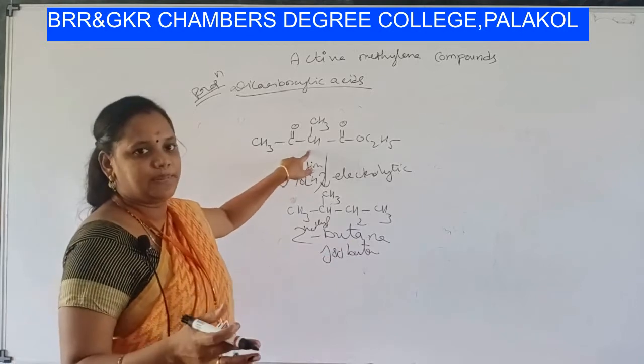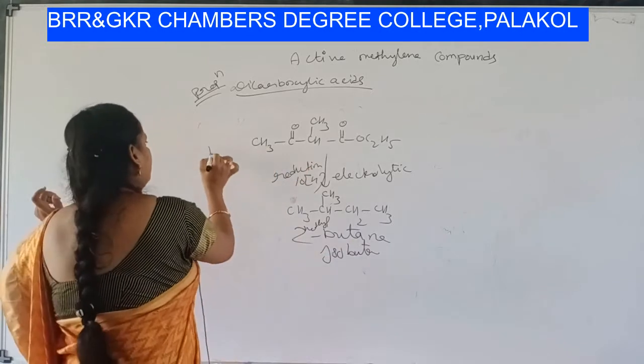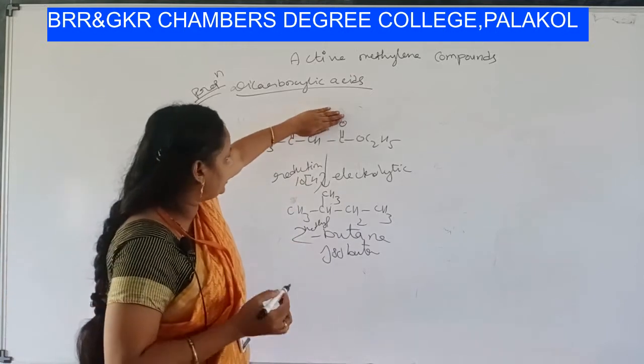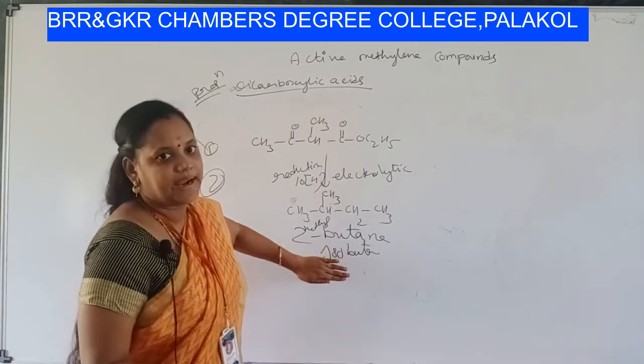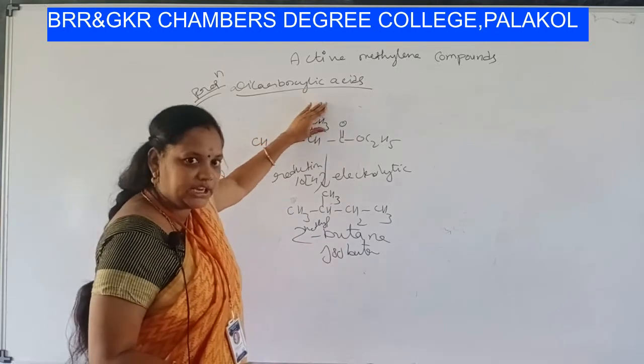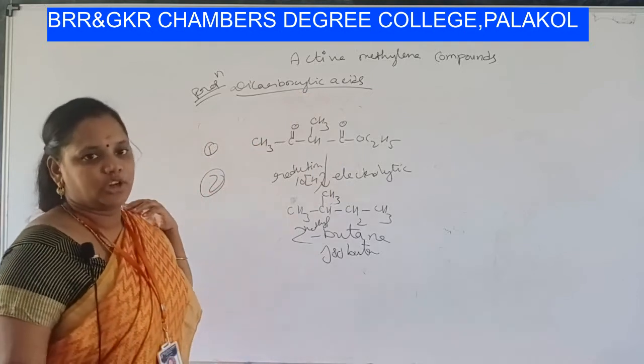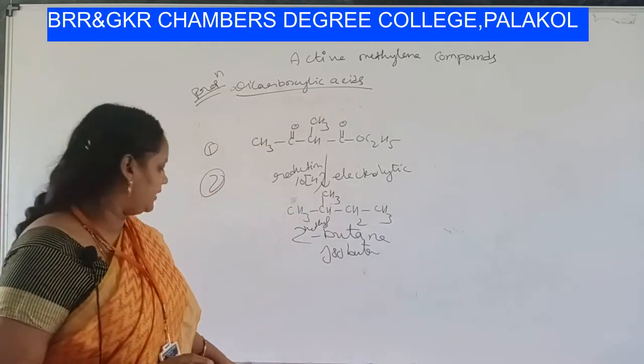I have rubbed it and replaced. I have shown 2 reactions at a time. If you place H2, you will get butane. And in the same case, if you place CH3, you will get isobutane. So I have explained 2 reactions at a time. It's your wish if you write one equation or 2 equations.